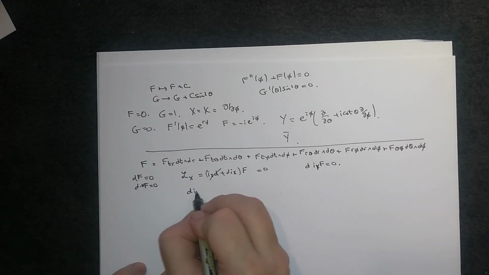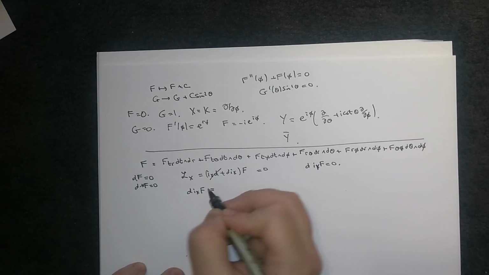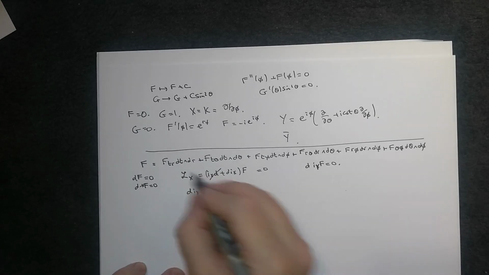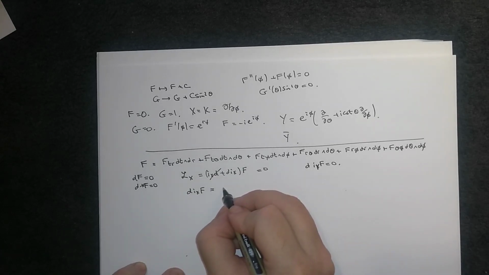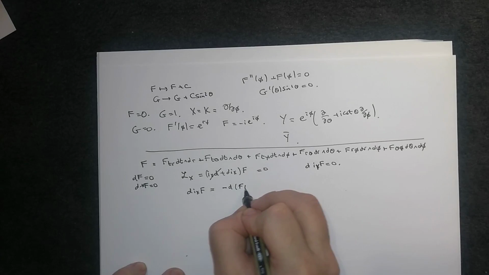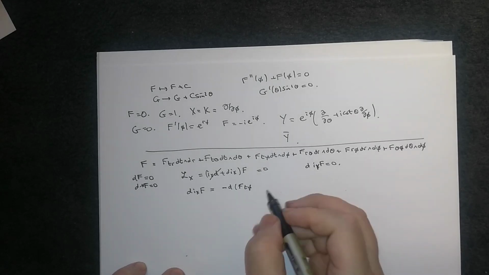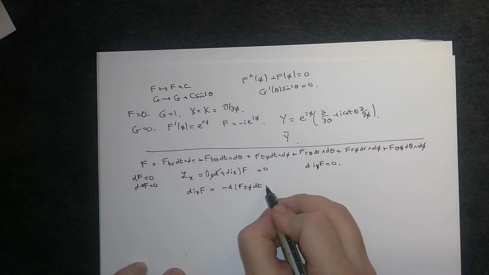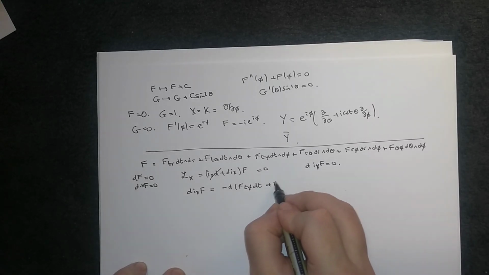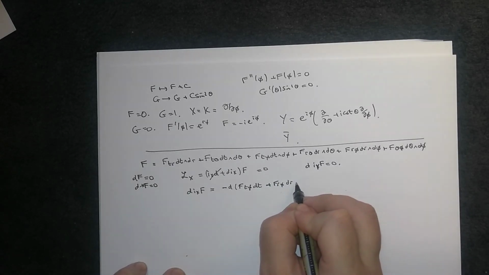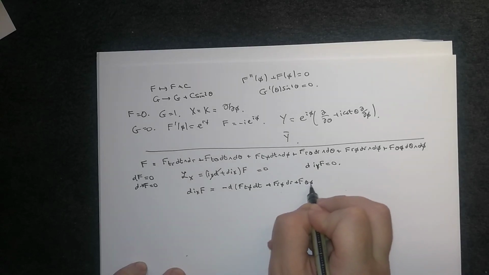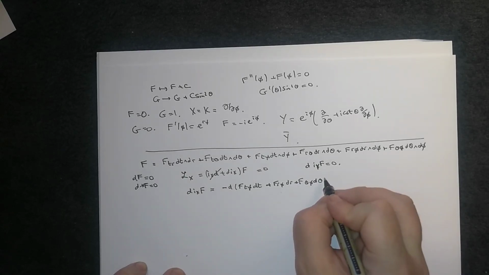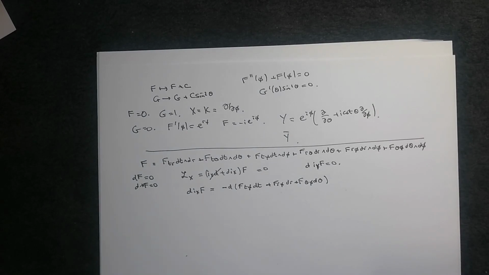Well, d i_x F is equal to, from here you're just going to get minus F_tφ dt plus F_rφ dr plus F_θφ dθ.